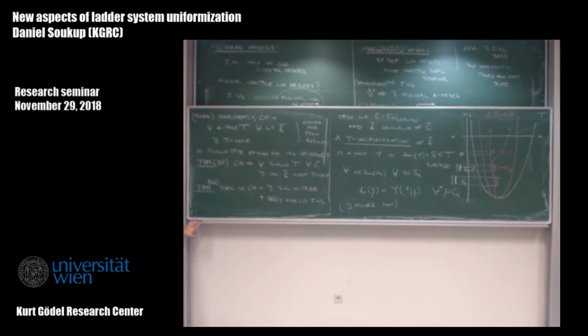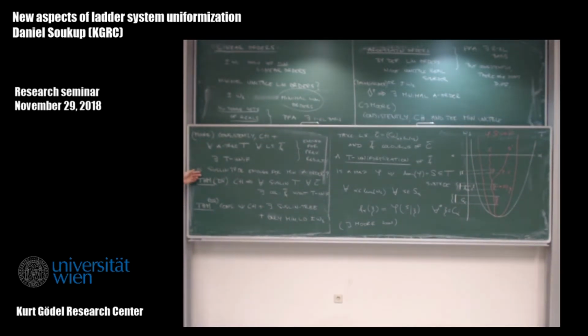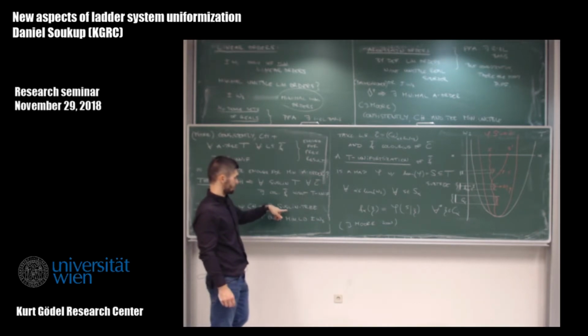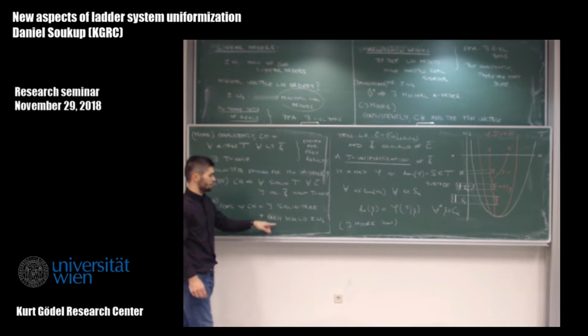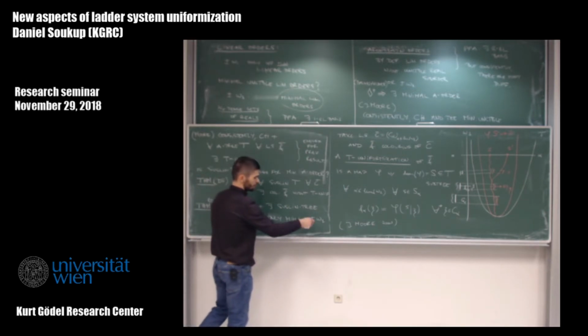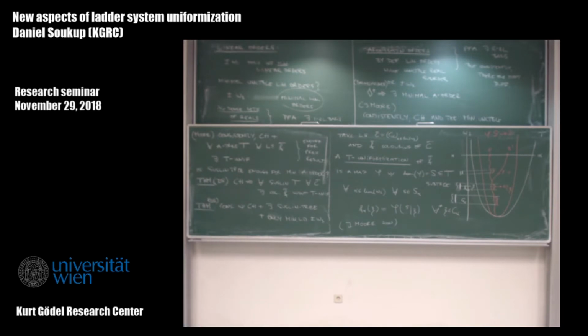So the answer to Baumgartner's question is no, a Suslin tree is not enough. You can have a model of CH plus the existence of a Suslin tree, but no minimal Aronszajn orders. Actually, the only minimal linear orders are plus or minus omega 1.